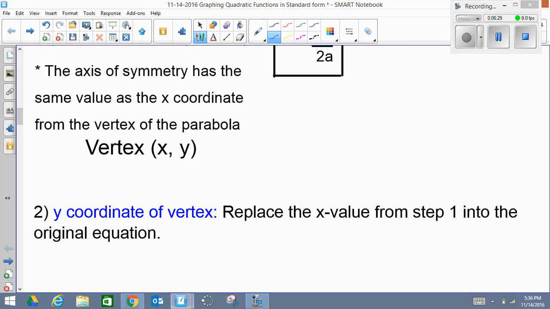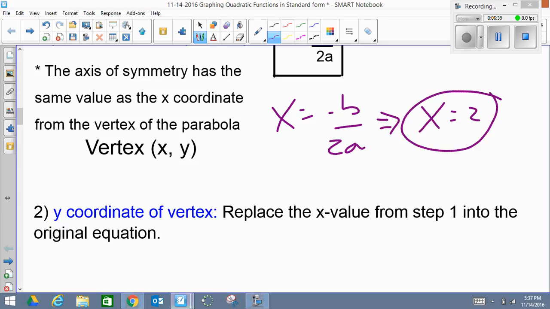If you notice, when we did x equals -b over 2a, we ended up with x equals 2, which is the equation of the axis of symmetry. But at the same time, that x value is going to give me the x value of the vertex.